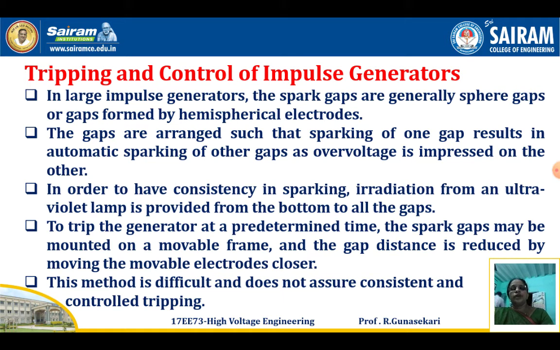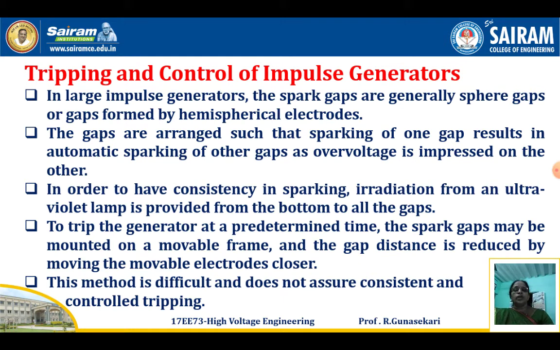To have consistency in sparking, irradiation from an ultraviolet lamp is provided from the bottom to all the gaps. To trip the generator at a predetermined time, the spark gaps may be mounted on a movable frame and the gap distance is reduced by moving the movable electrodes closer.